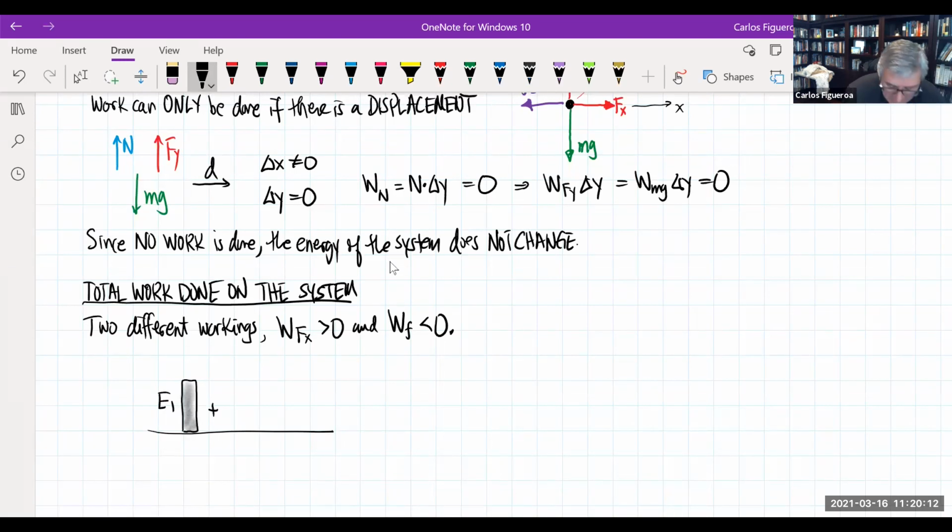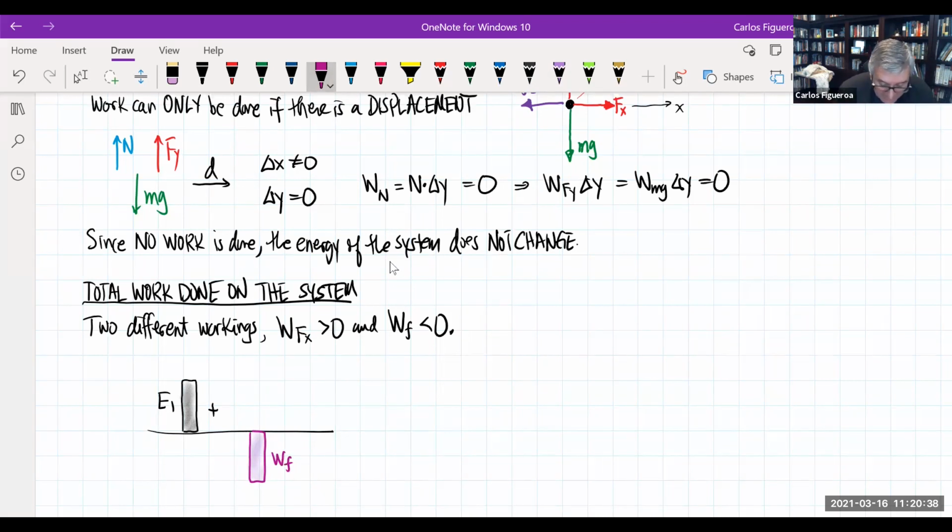So what's actually happening here? Well, there's the work of the force of friction. And what does that do, from what we've seen here? It pulls energy out. It reduces the available energy here. So this is doing this kind of work.